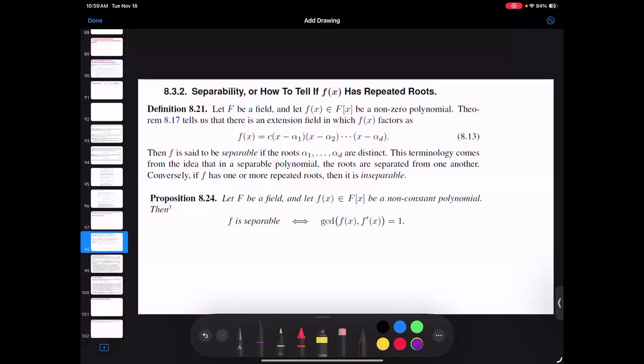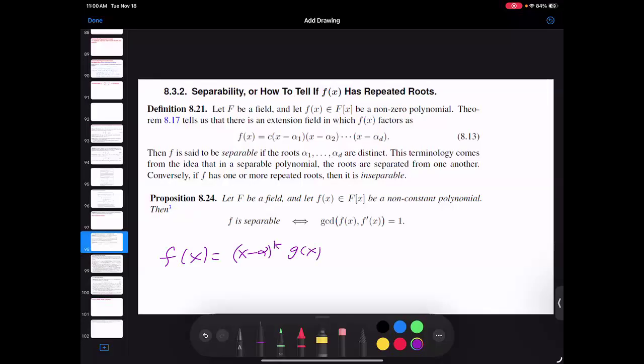So it's a function related to f that we've seen many times today. What's a nice function related to f? F prime.